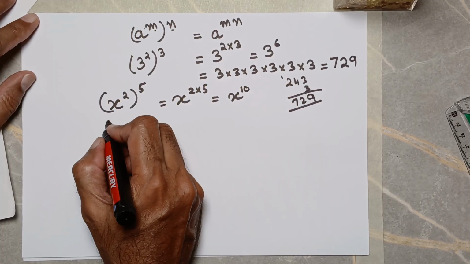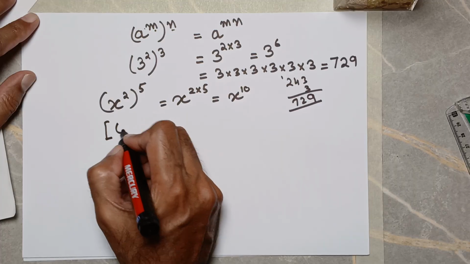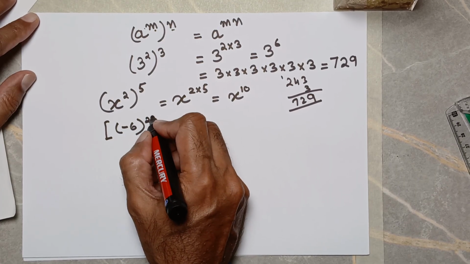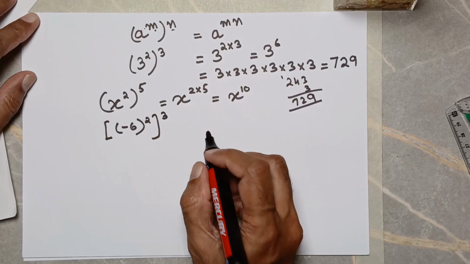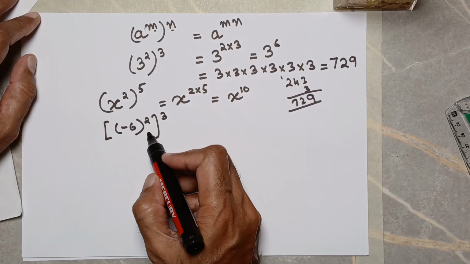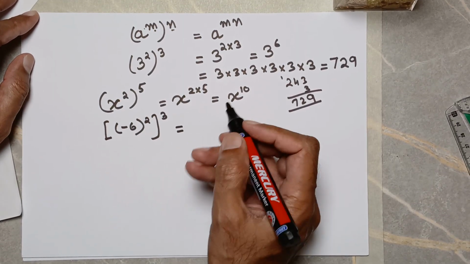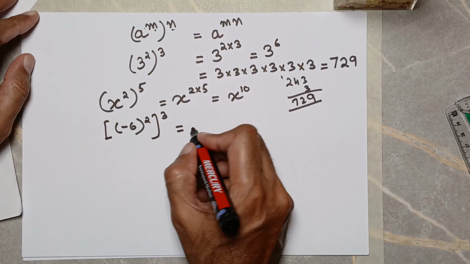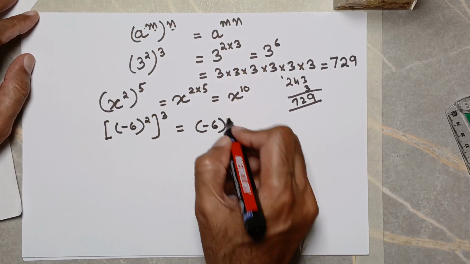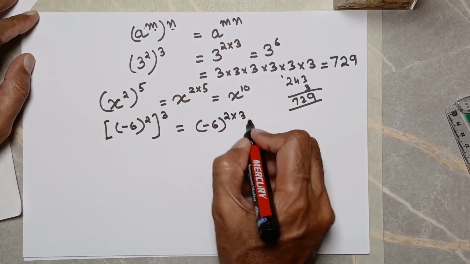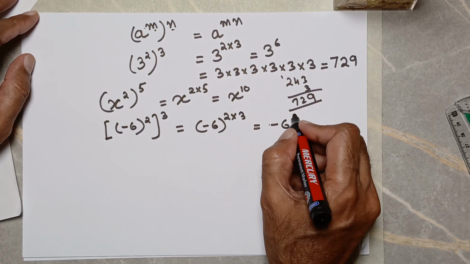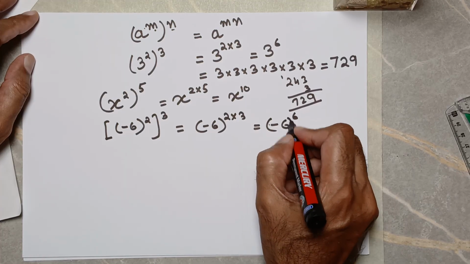Suppose that we have a big bracket, a small bracket, and minus 6 contained inside, then 2, and then outside 3. Do not get confused with these brackets. It is quite simple. All you have to do is multiply these exponents. 2 multiplied by 3 will give you minus 6 raised to the power 6 within the bracket.